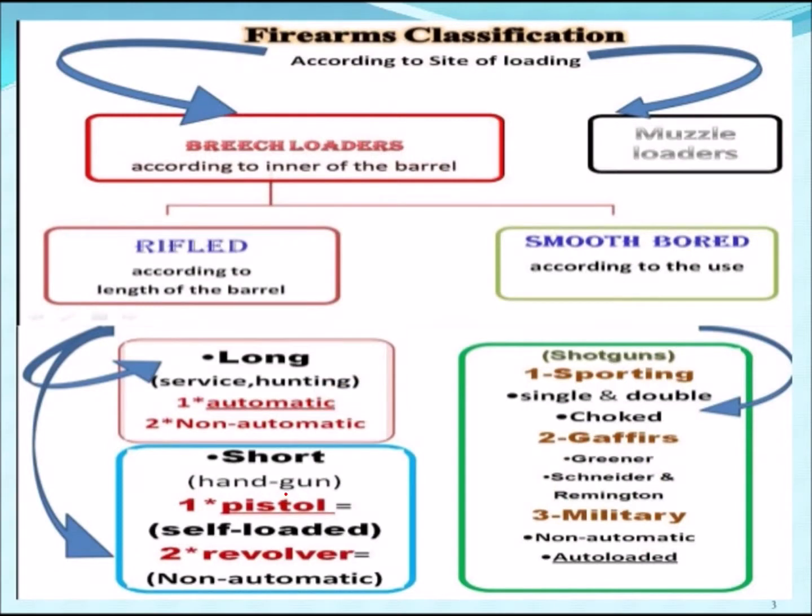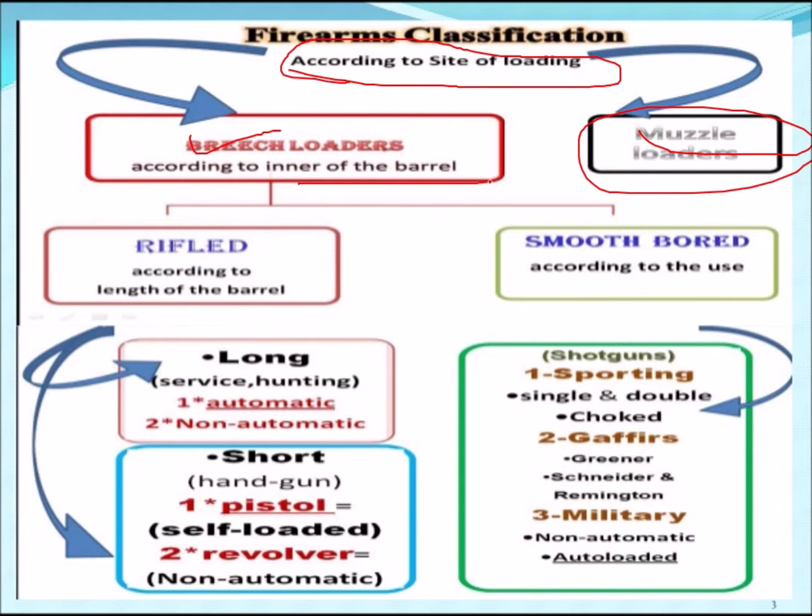Now the simple classification of firearms is based on the loading mechanism, whether they are breech loaders or muzzle loaders. Breech loaders are further divided based on the condition of the inner barrel, whether the barrel is rifled or not. If the barrel is rifled, it is called a rifled weapon, and if the barrel is not rifled, these are smooth bore firearms.